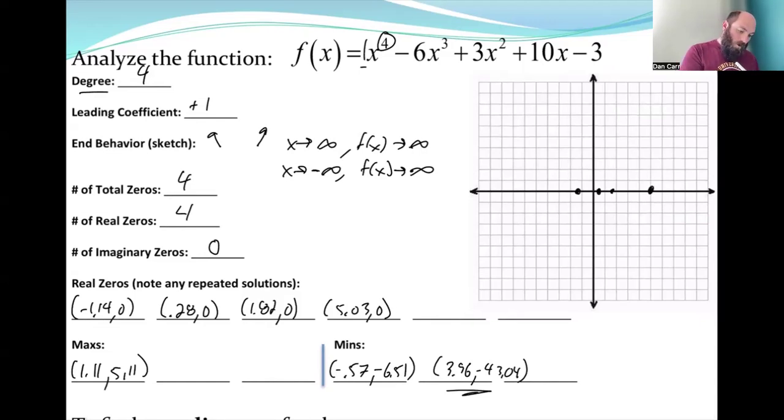Maximum was at 1.11, 5, 1, 2, 3, 4, 5. Roughly there. And then we have minimum negative 0.57, and then 1, 2, 3, 4, 5, 6 and a half right there. And the other one's way down here off the graph.